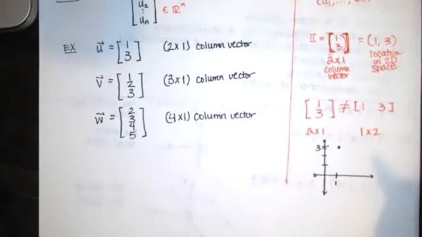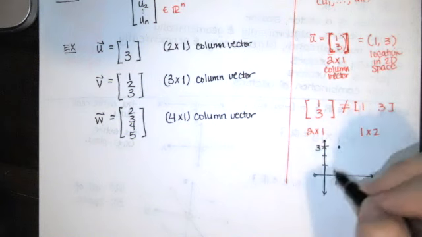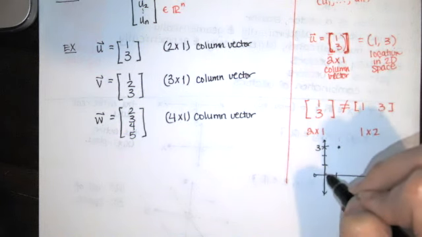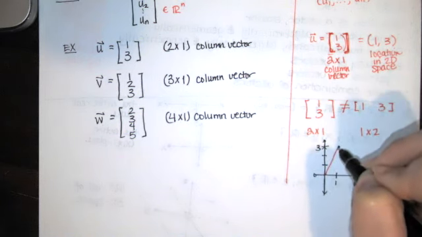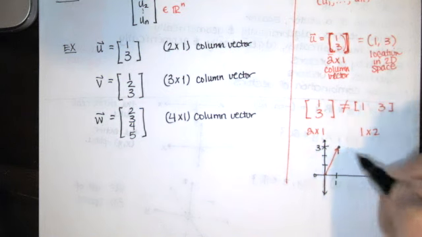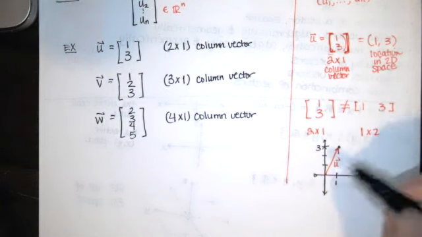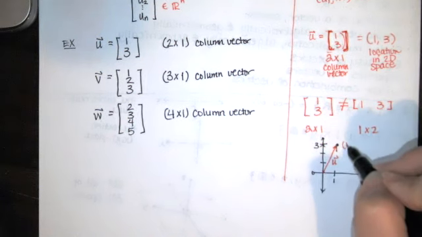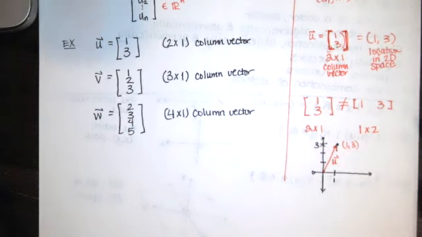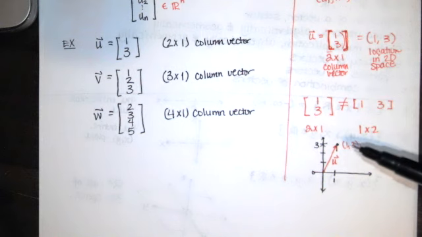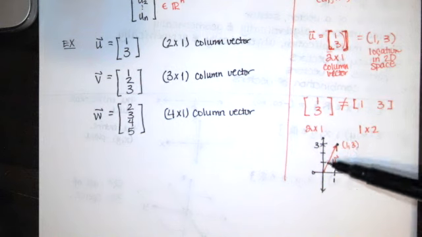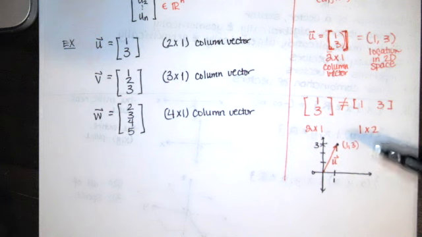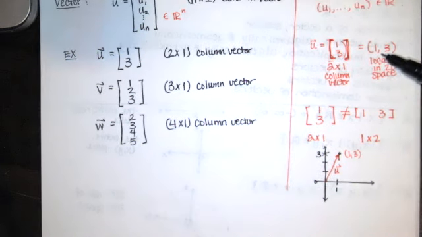I would plot that point, and u would be the vector, the arrow, if I was trying to visualize it, that starts at the origin and goes to that location. We would say that this arrow or this vector is in standard position because it starts at the origin and then goes to the point x equals 1, y equals 3. Lay is saying, let's treat 1, 3 and u itself as interchangeable. That's what he's going to do throughout this.